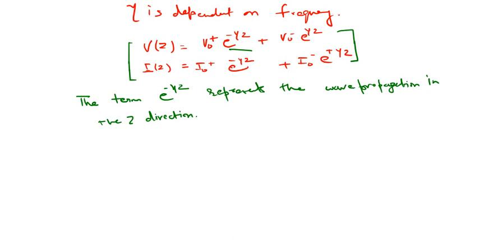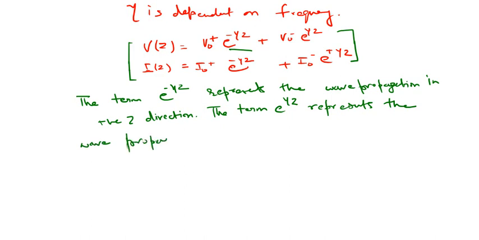And the term e raised to the power plus gamma z represents the wave propagation in negative z direction.